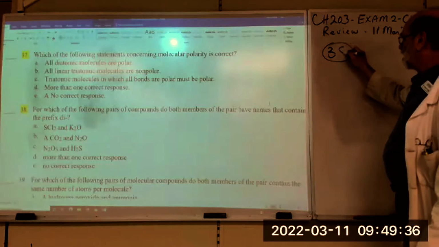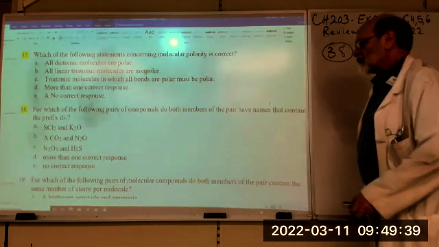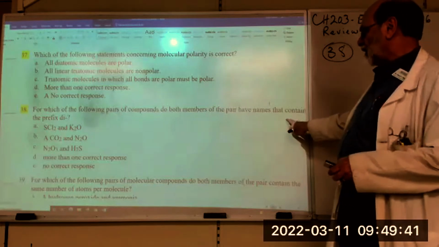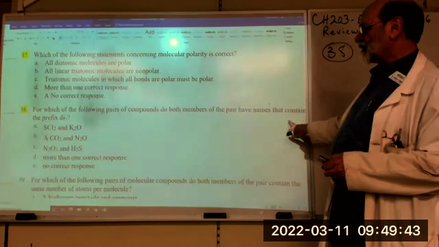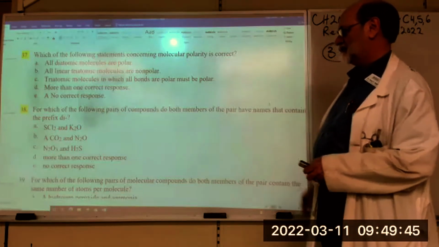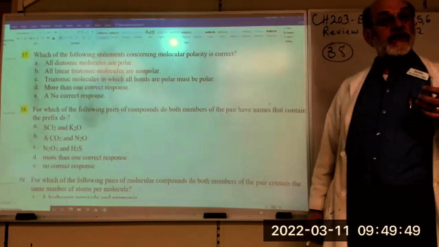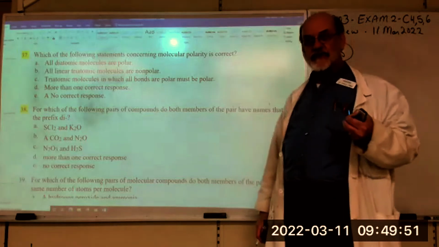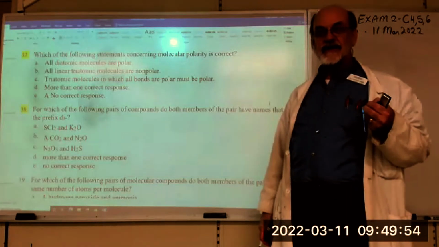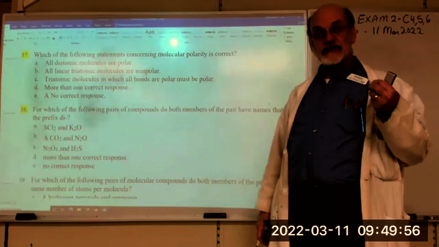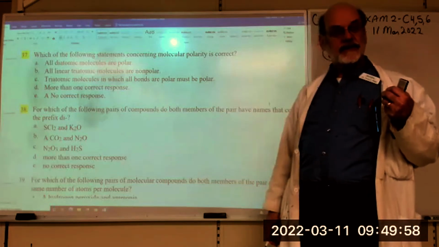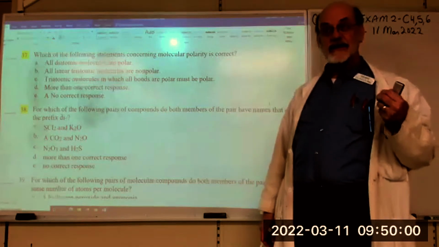How about 38? For which of the following pairs of compounds do both members of the pair have names that contain the prefix di? Okay, why would we put di as a prefix in a name? Has to be a type 3 compound, right? It's not ionic.